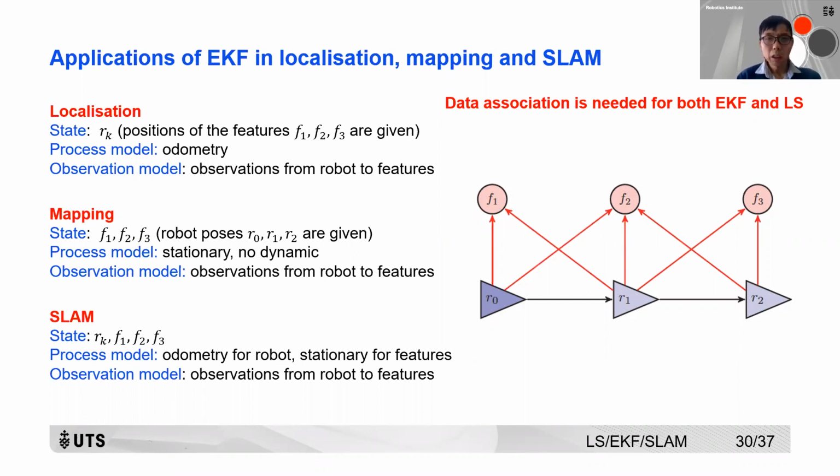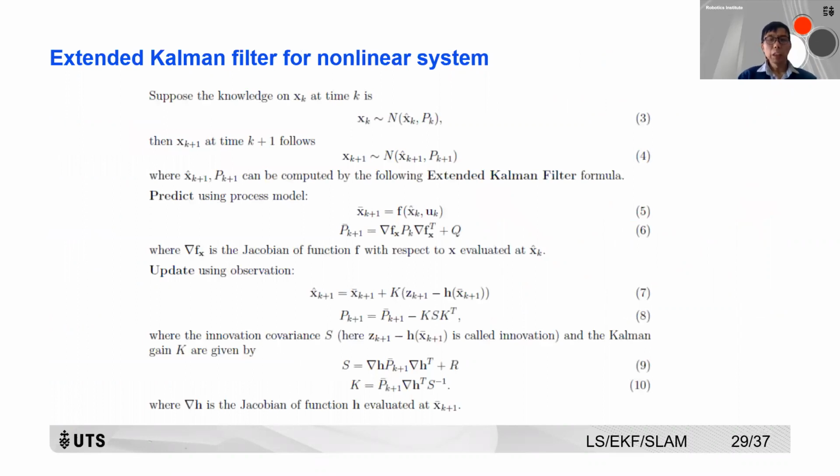A typical way of doing data association is to look at the innovation. Innovation is Z minus H X bar, where X bar is the current estimate of your state. You calculate the difference between the real measurement and the expected measurement, assuming this measurement is on this feature.